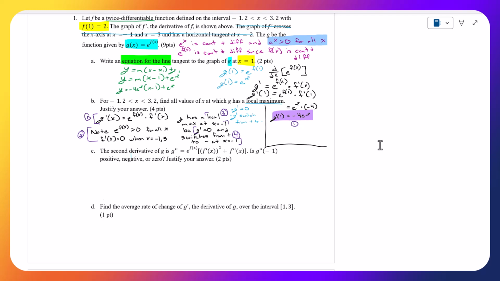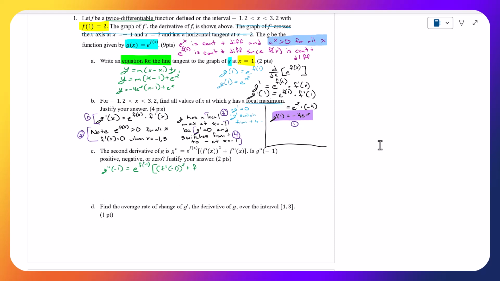Well, first thing we should do, let's just plug in -1. So g double prime of -1 equals e to the f of -1 times f prime of -1 squared plus f double prime of -1.